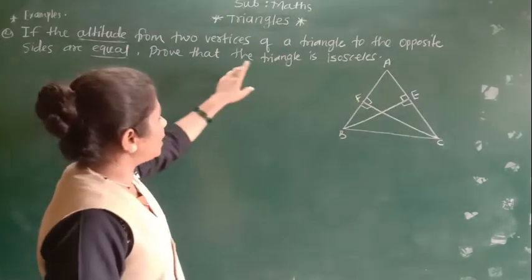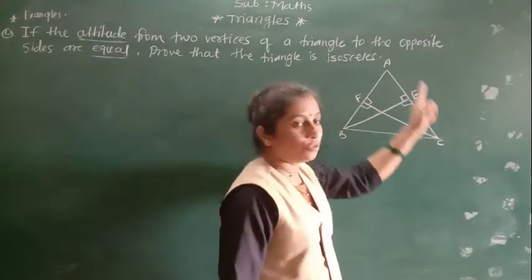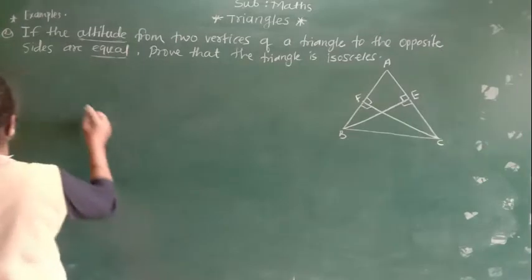Then we have to prove that this triangle is isosceles, which means we have to prove AB equals AC. Okay, so what is given here?